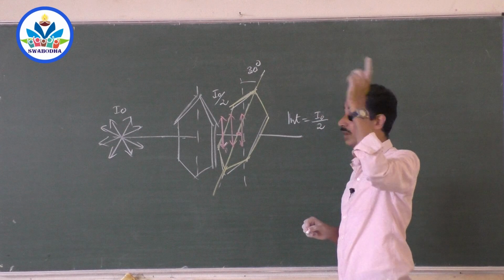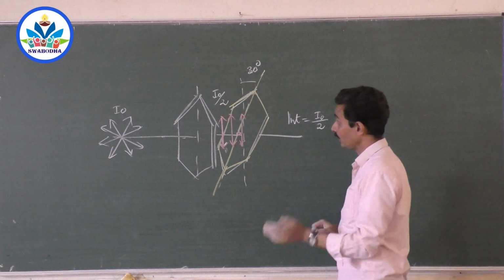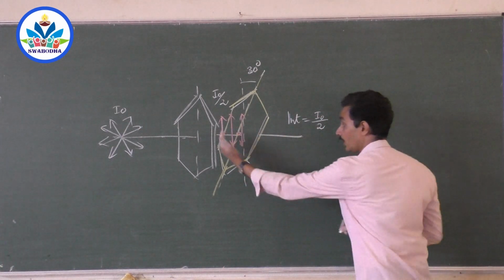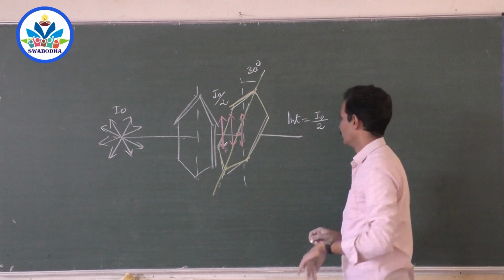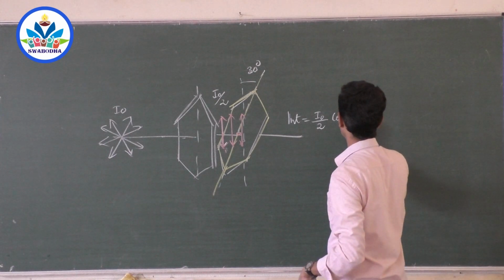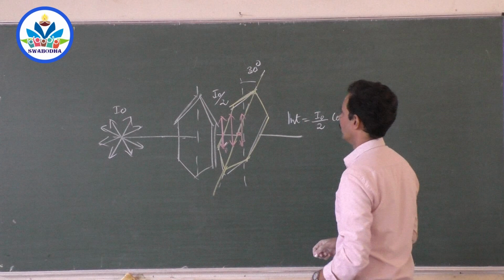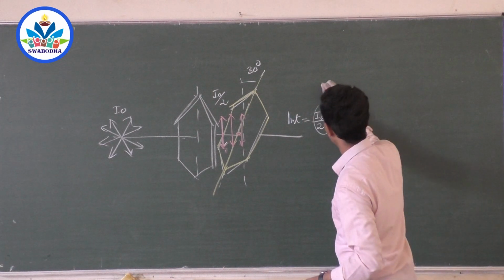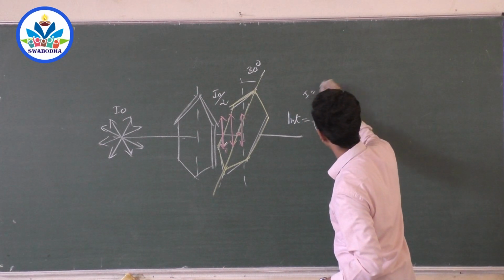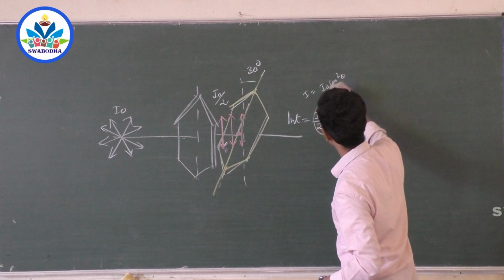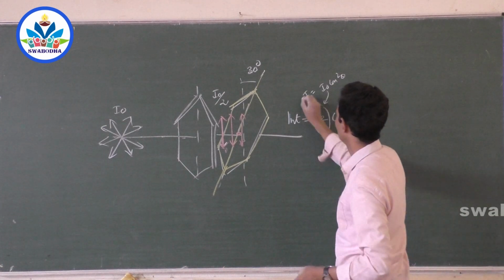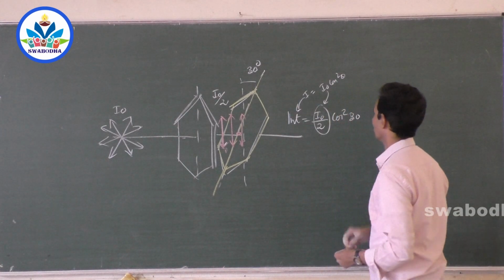I is equal to I naught cos square theta, where I naught itself is I naught by 2. From here onwards, Malus law: I naught by 2 cos squared 30.